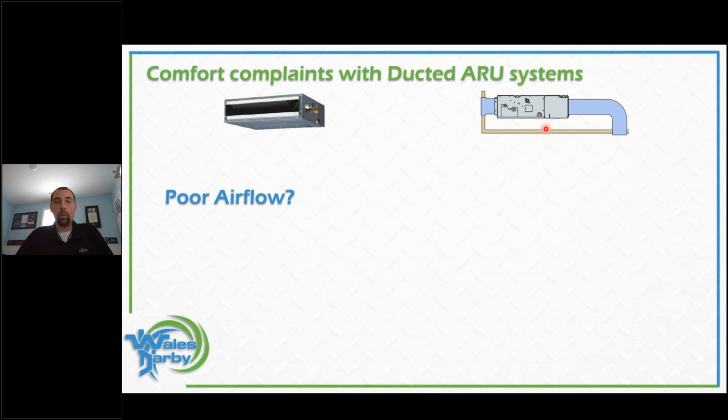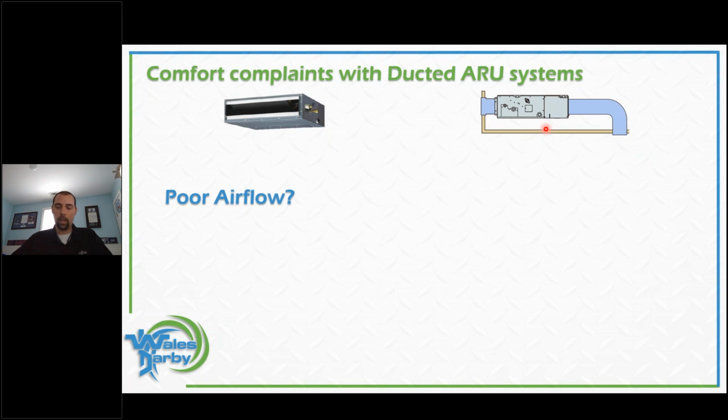That's all that unit knows to overcome. So if I start putting 2 or 3, 20-foot runs on this thing, I need to tell the machine how much ductwork I need to overcome. So we need to know how to design the system properly. We need to know the pressure drop of the system and the restriction I need to overcome.